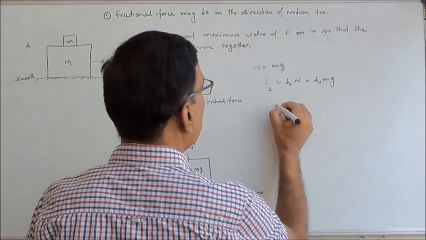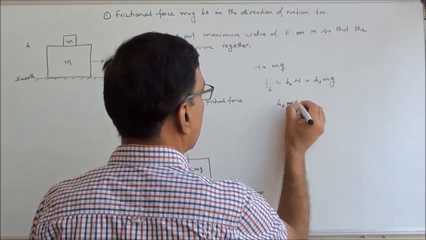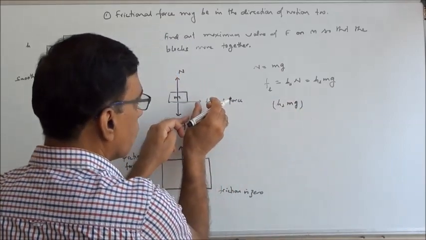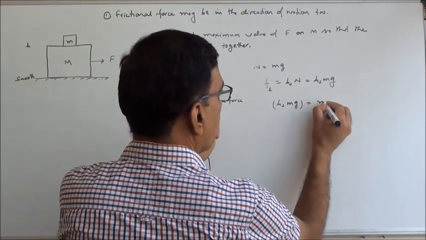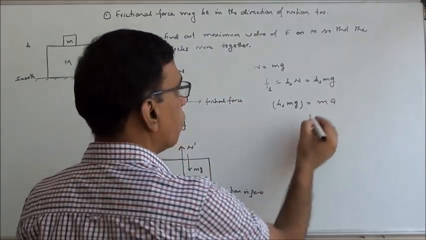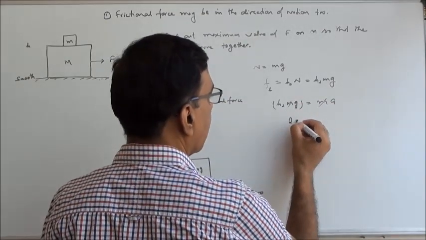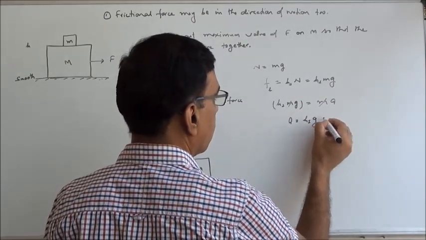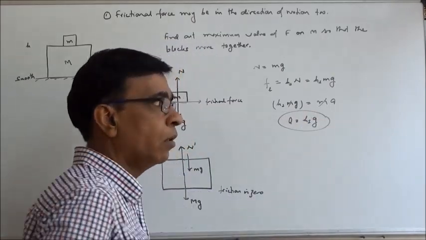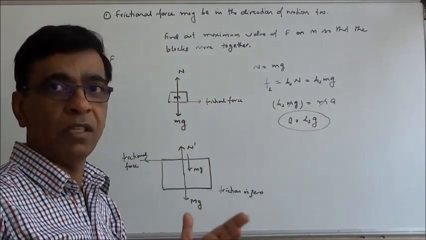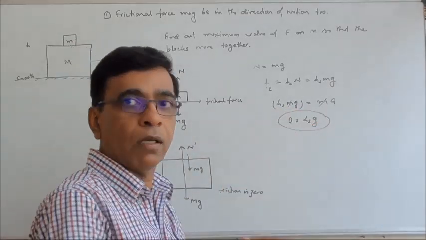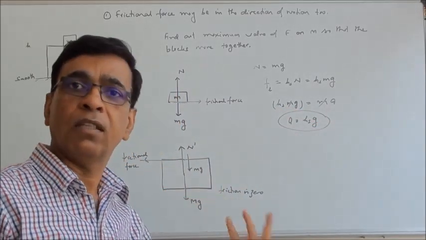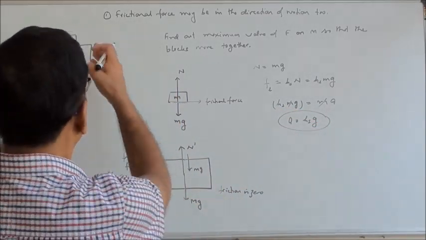So mu s mg, this frictional force, is equal to mass into acceleration, by Newton's second law. From here we find that the acceleration of this block is mu s g, and they are moving together, so this will be the acceleration of the other block as well. So we can find out the force.